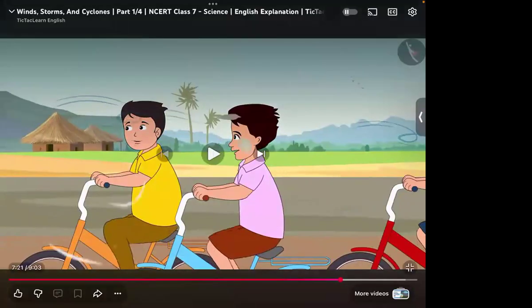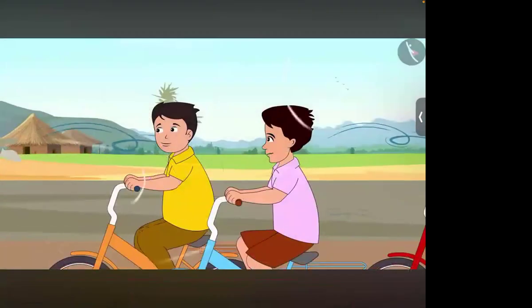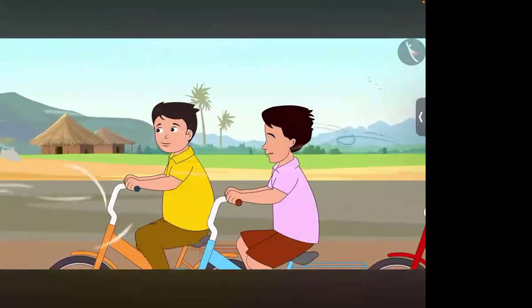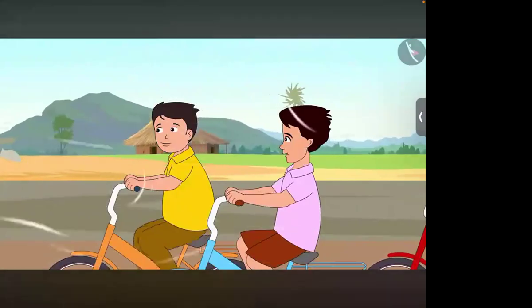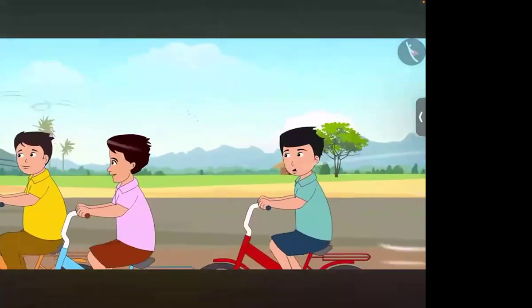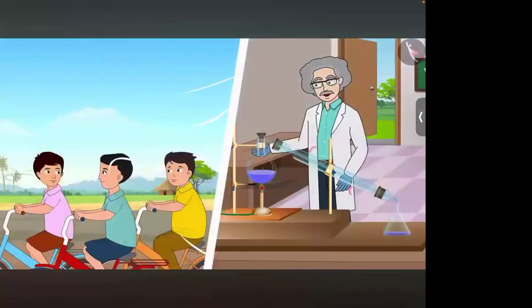You might have felt this also when you try to move in the high wind. Yes, it seems like I want to move ahead, but the wind with its speed is pushing me back. It looks like the speed of the wind also impacts riding a bicycle.